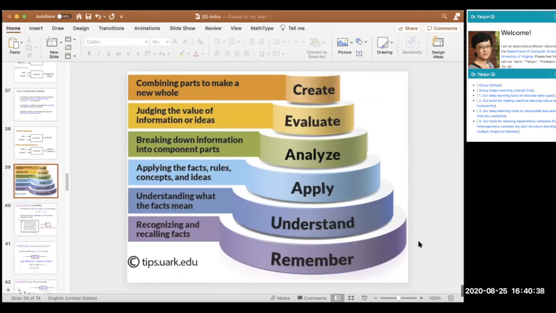So I will tell you the reason, then act according to that reason. For people to learn, it normally starts from remembering the basics, like in language learning, you remember the basic letters, words and phrases, grammar. The next level is to understand, then apply, then analyze, and then evaluate.